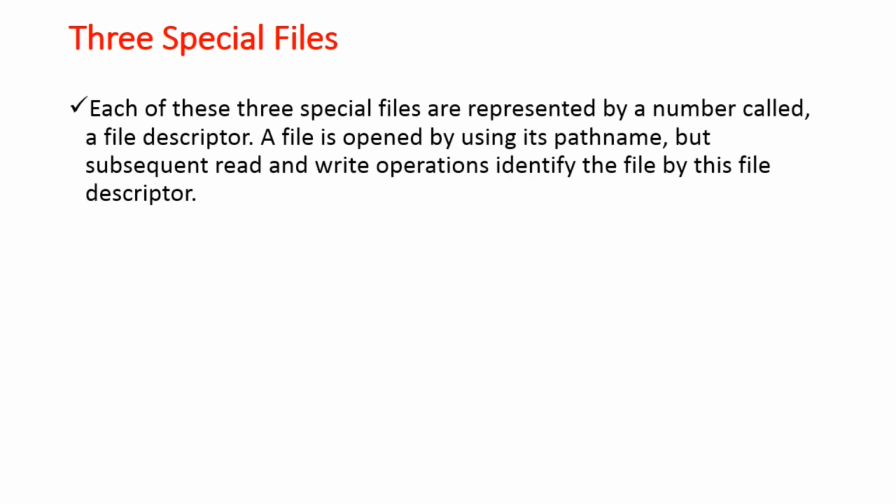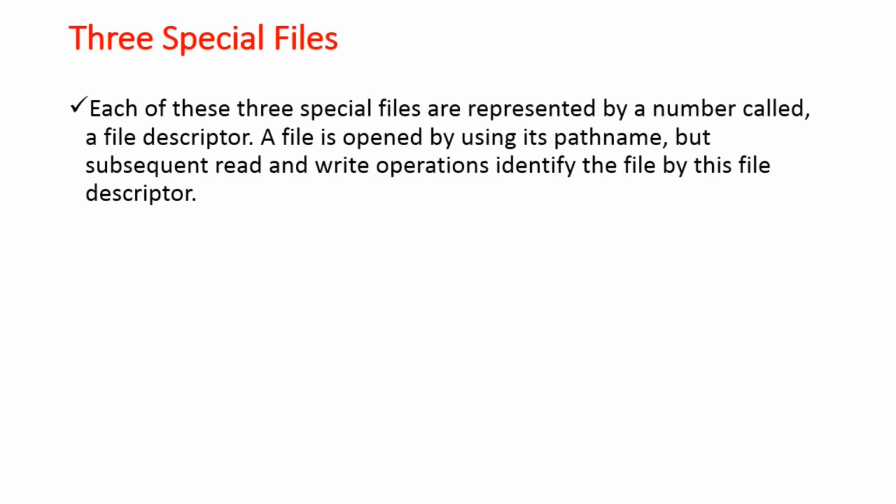Again, here in the Unix system there are three special files available. Each of these three special files is represented by a number called a file descriptor. A file is opened by using its path name, but subsequent read and write operations identify the file by this file descriptor.